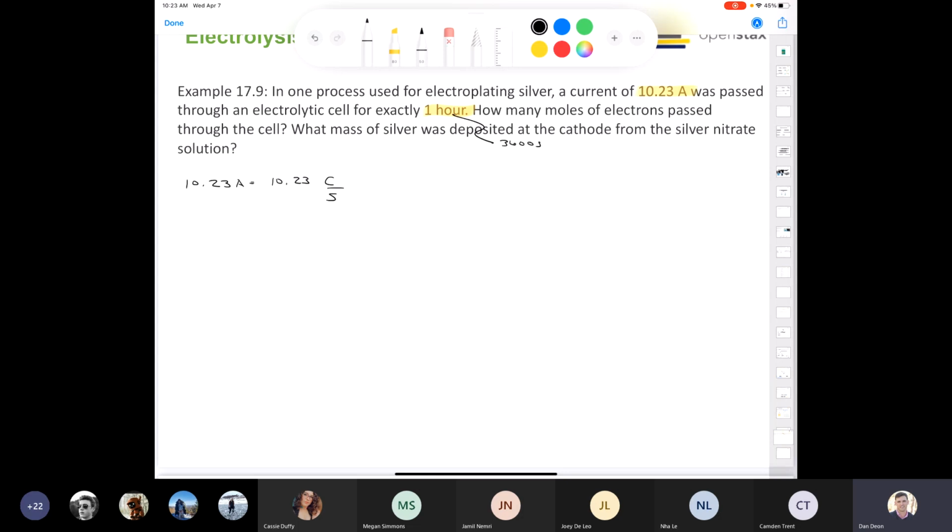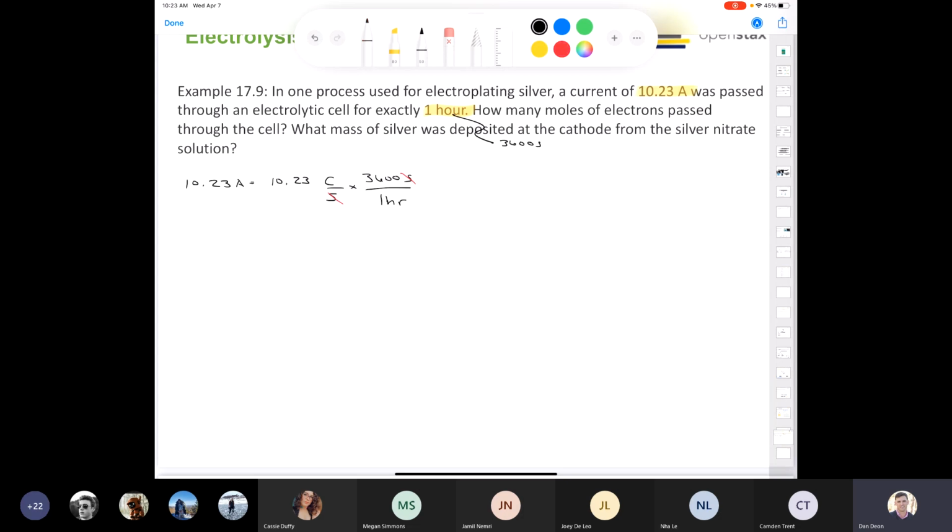I just wanted to get that out of you guys to be a little bit quicker here. So we've got 3,600 seconds in 1 hour. If I was to stop right here, look, my seconds cancel out. I have the number of coulombs that passed in an hour, but it's asking me how many moles of electrons passed in an hour.